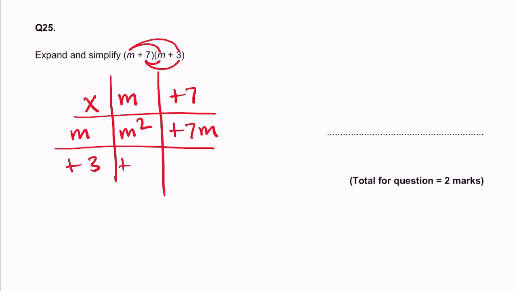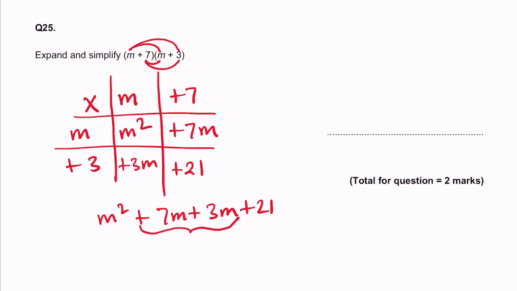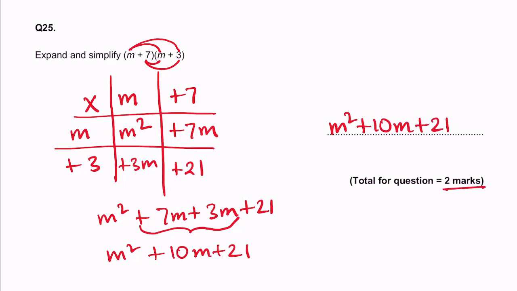Plus 3 times m is plus 3m. And plus 3 times plus 7 is plus 21. Notice I've written the signs out, so you know what to do with them. So let's write it out first before we add them. So m squared plus 7m plus 3m plus 21. Collect the like terms. So that gives us m squared plus 10m plus 21. So the answer is m squared plus 10m plus 21, and that's worth 2 marks.